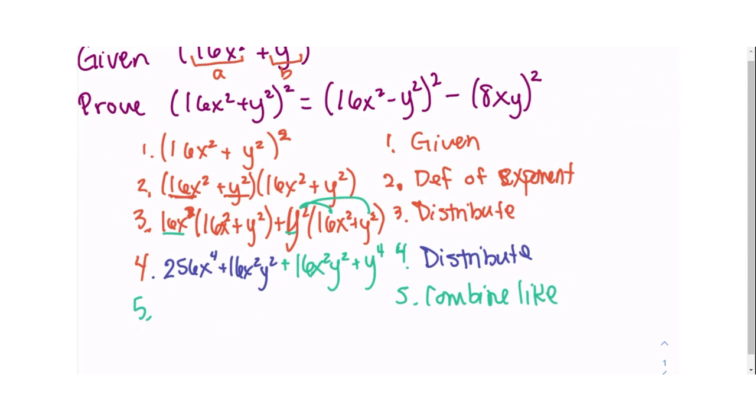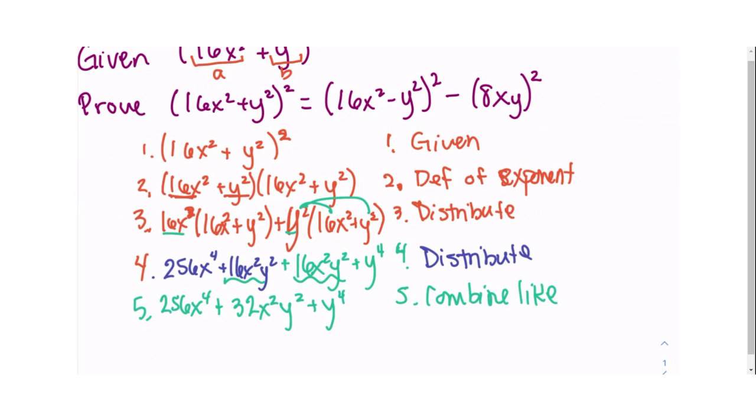So we have only one x to the fourth, so that's 256x to the fourth. Those two were like terms, so we add those, so it's going to be 32x squared y squared plus y to the fourth.